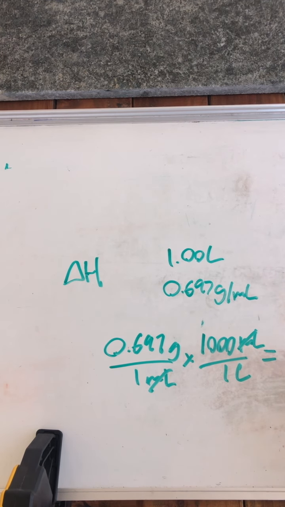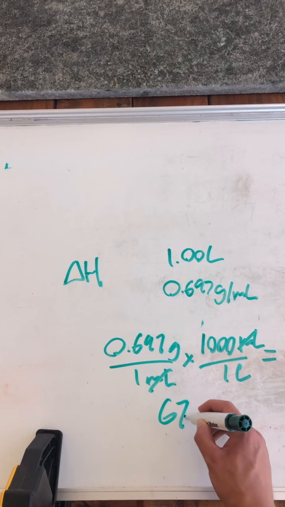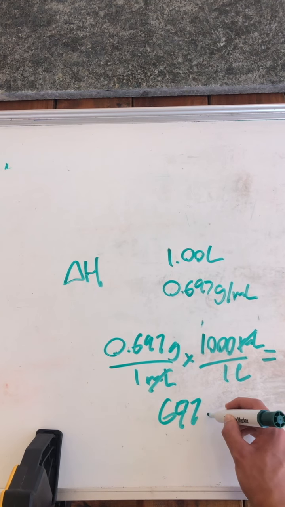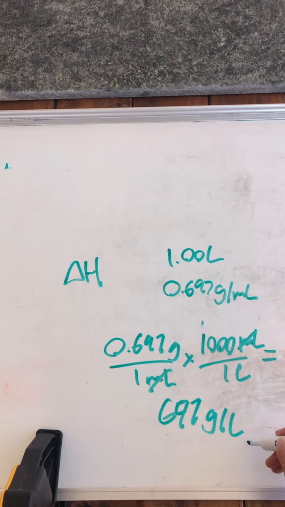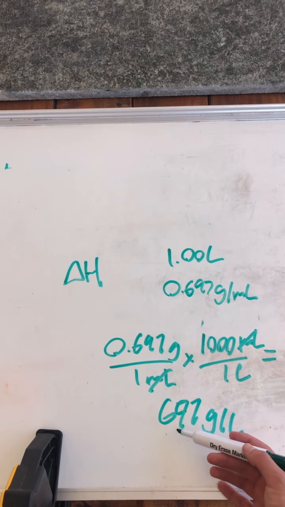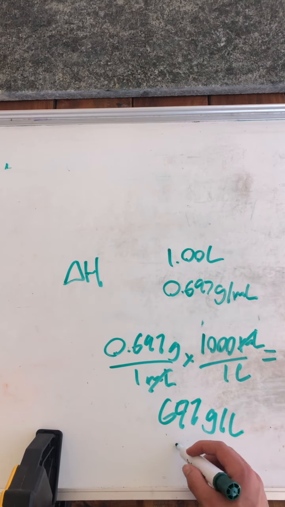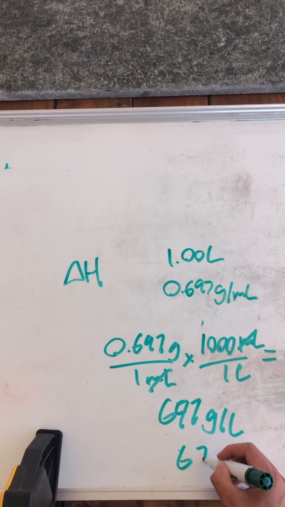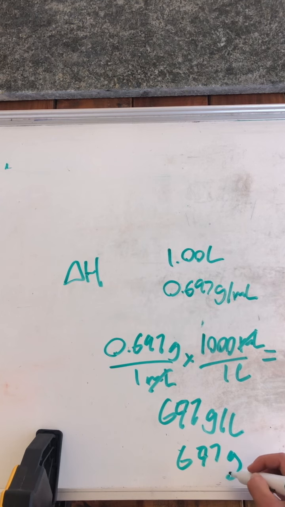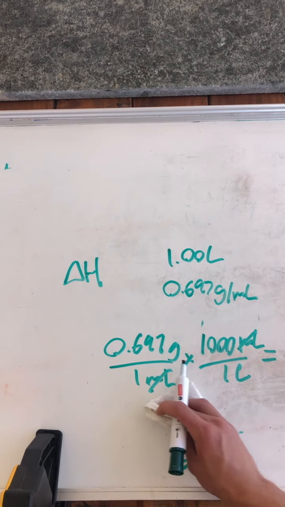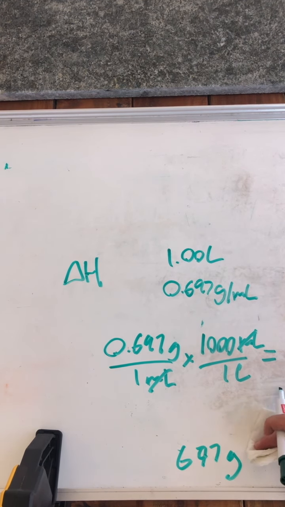Technically, you cannot see that. 697 grams per liter. Now, since we only have 1 liter, I'm not going to walk through the conversion, but we have 697 grams. All right, so excellent. Now, what do we need to do with those grams?